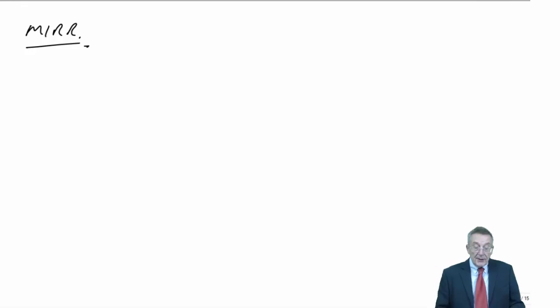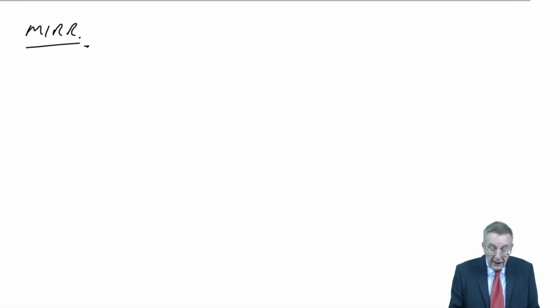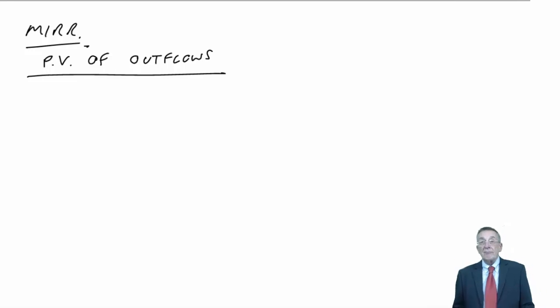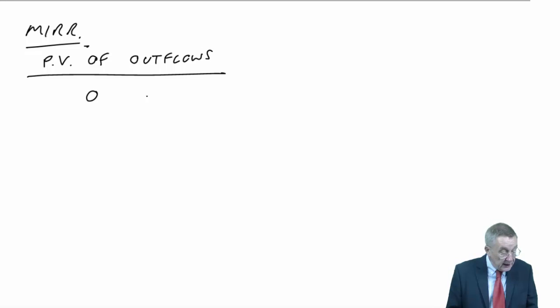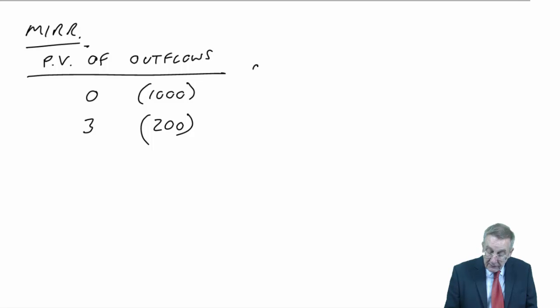Well, there are two steps to this. First of all, we calculate the present value of the outflows. So, easy enough here. There's an outflow of 1,000 at time 0. At time 3, another outflow of 200. The present value at the cost of capital, it says the cost of capital is 10%.